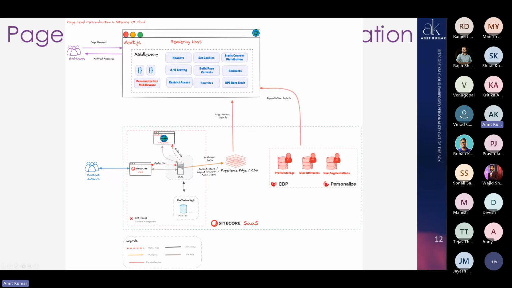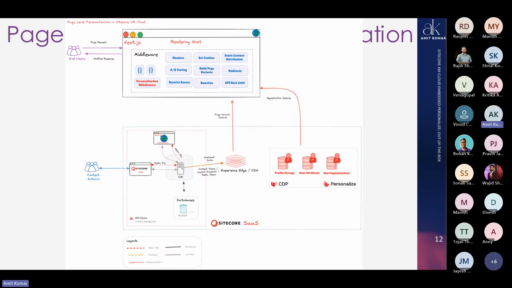Now once all page variants have been received by your middleware, the personalization middleware sends a request to your CDP and Personalize to get, for example, the segmentation or which type of rules need to be applied.